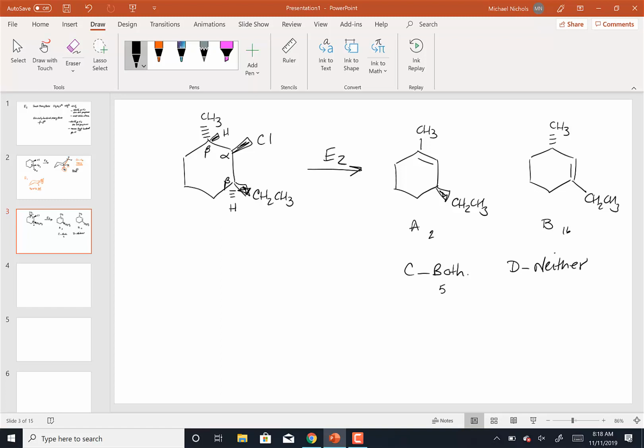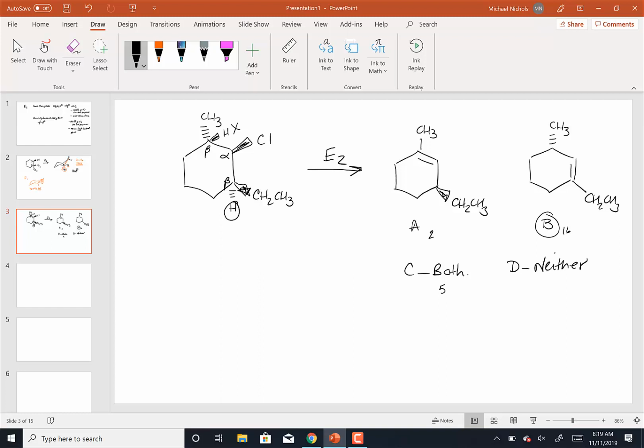So which of the hydrogens can be removed? The dashed one, the one that's trans. So this is the only one that could be removed. This one cannot be removed in an E2. So just the bottom one, so that means that B is the only possible product for this reaction.